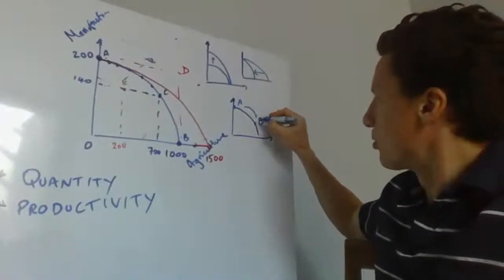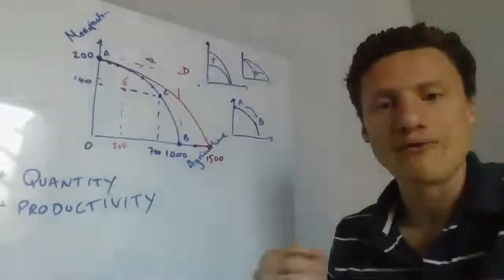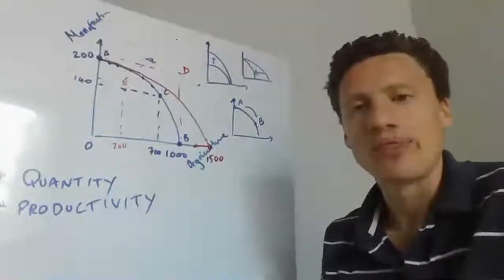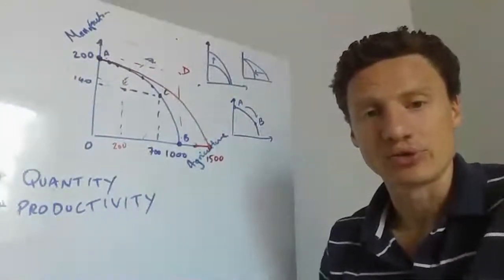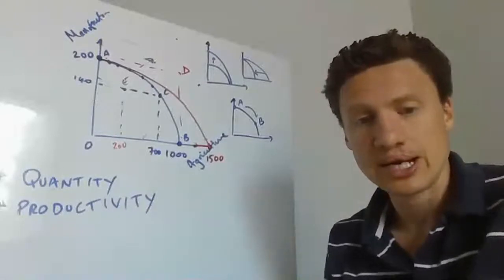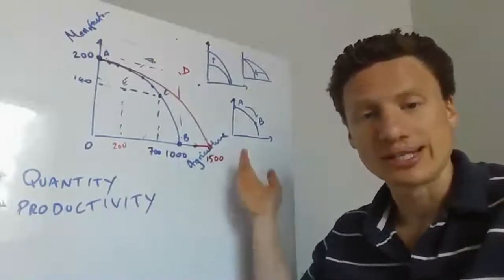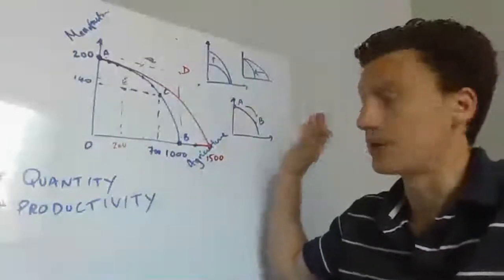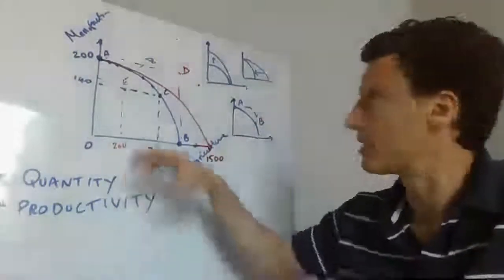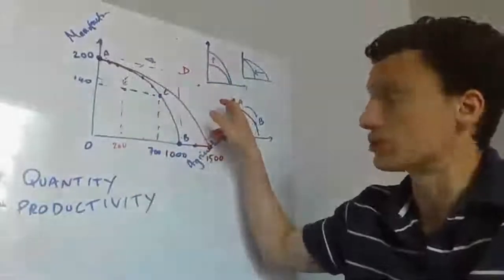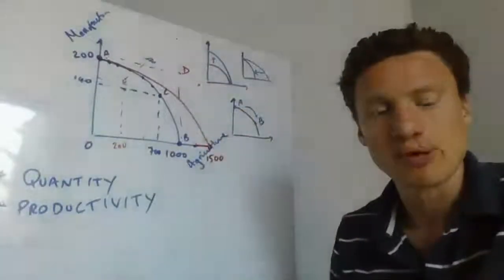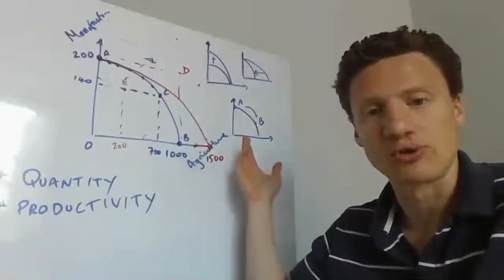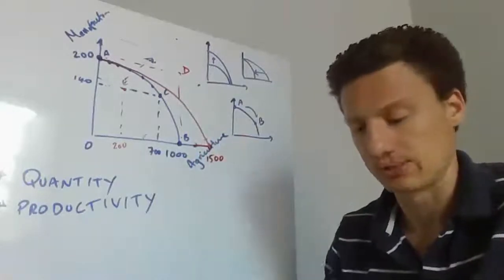Movement along the PPF is the economy reallocating resources. If it's a command economy, it's very much a dictator or a government saying, we're moving resources away from manufacturing so that there can be more agricultural goods. If it's the free market, then this has happened because of demand and supply market forces.